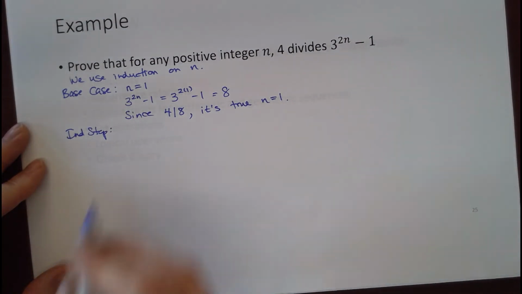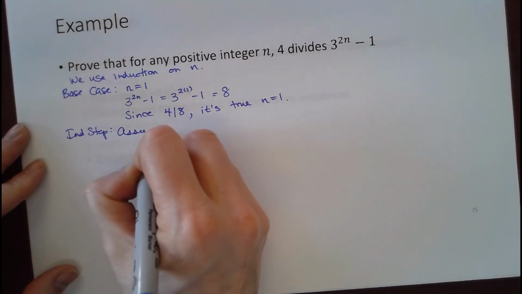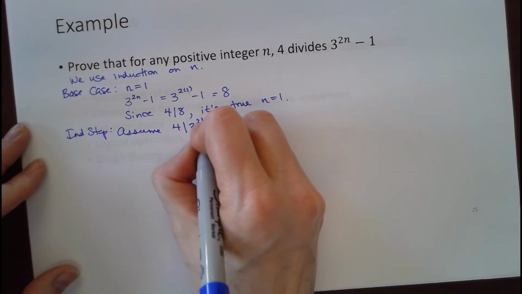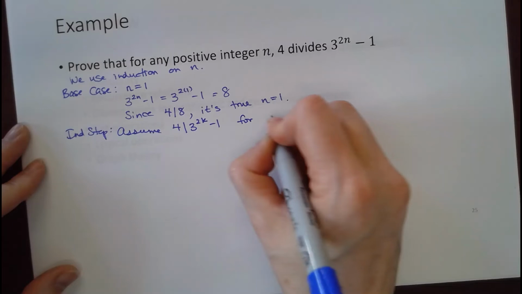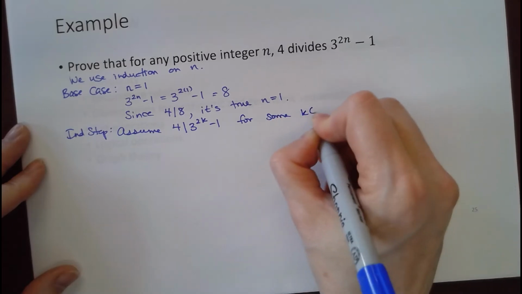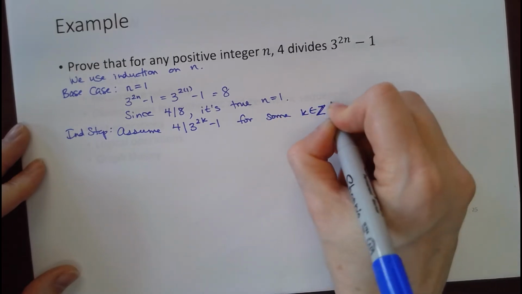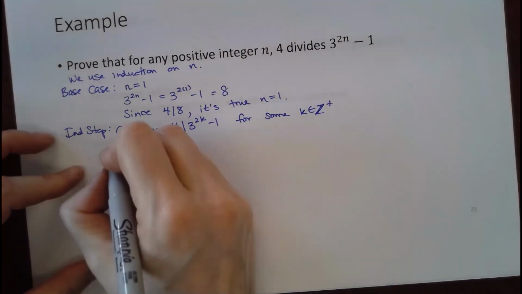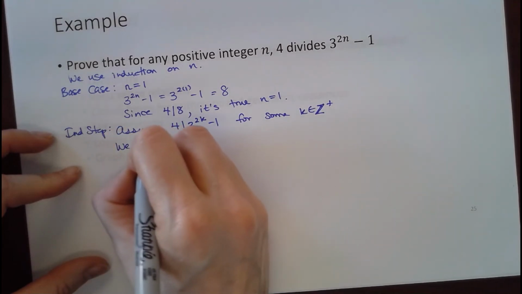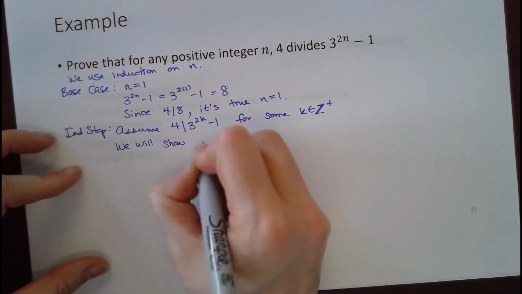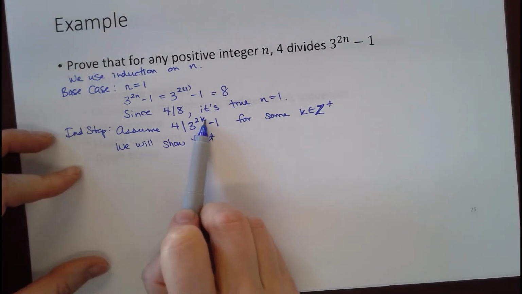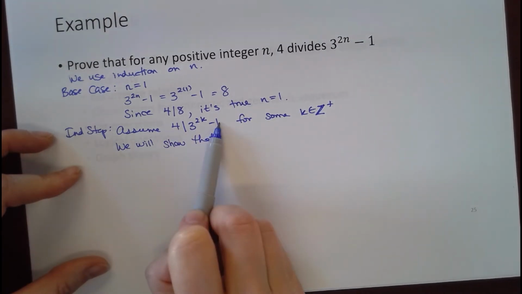Okay. So we're going to assume that 4 divides 3 to the 2k minus 1 for some positive integer k. And then what we needed to show is that if I replace k with k plus 1 in this expression, it'll still be true, right?